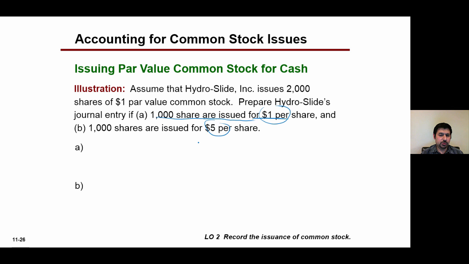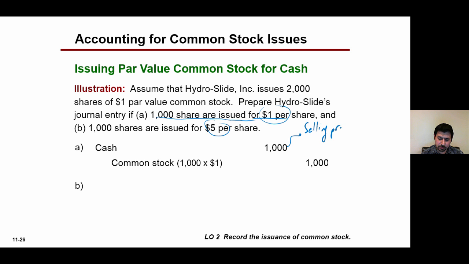So when the company issues 1,000 shares for $1, the company will be receiving cash for the value of 1,000 multiplied by $1. The company will debit cash 1,000 and credit common stock 1,000. Cash is based on the selling price, whereas common stock is always based on par value.